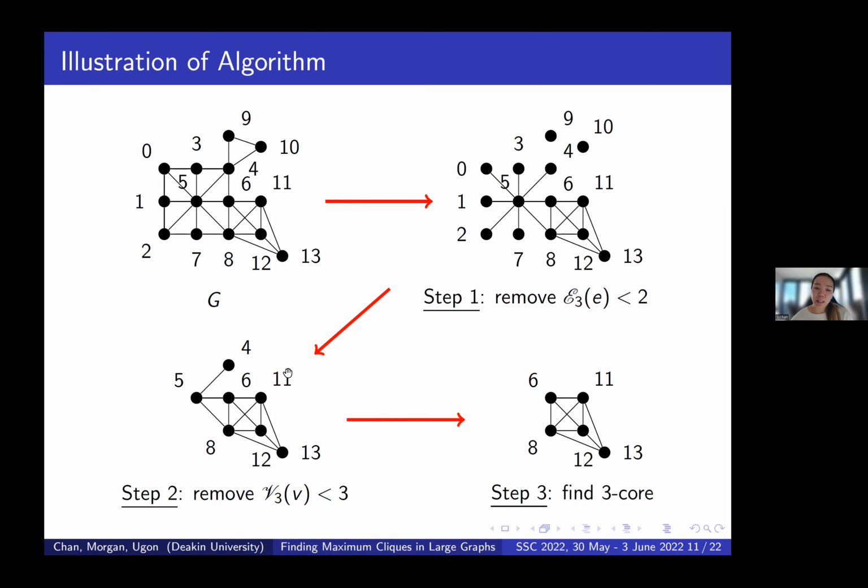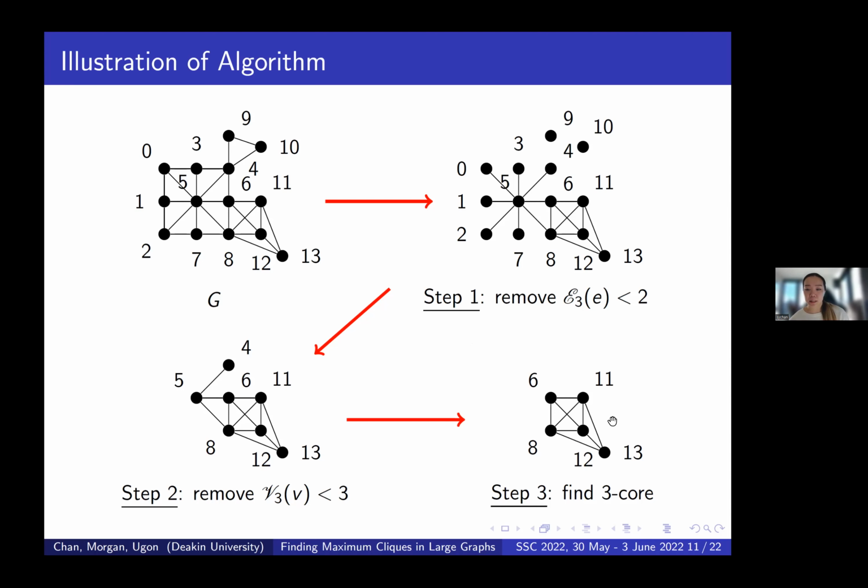Then in the next part, we remove vertices that have vertex participation less than 3. So we've got rid of quite a fair bit of vertices as well. And then in the final step, we find the 3-core, or the K-1 core, because we assume K is equal to 4. We assume a 4-clique exists in this graph. So in the final step, we find the 3-core, which is a recursive process that removes all vertices that have degree less than 3.